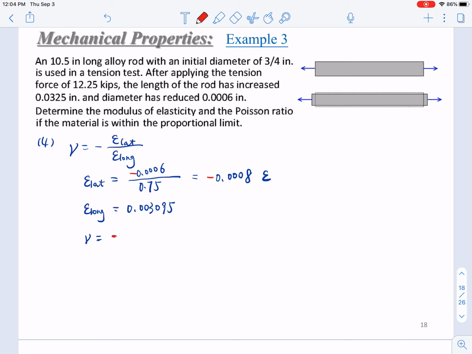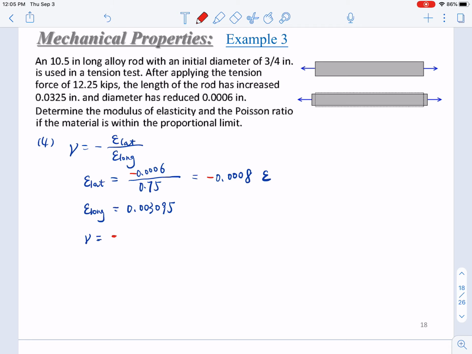Although I have mentioned that we can create some negative Poisson ratio materials, in this course, in mechanics of materials, never tell me you calculated a negative Poisson ratio. That would not be possible. If you calculated the Poisson ratio and the result is a negative number, you made a mistake.